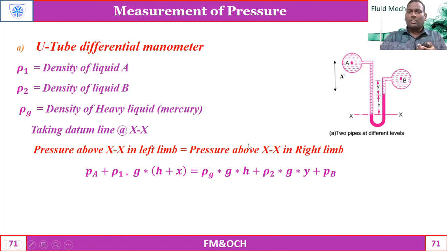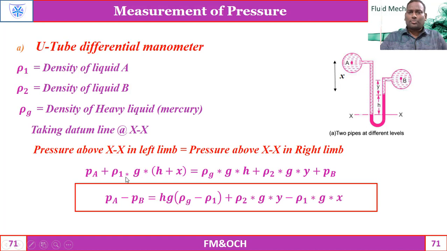Let ρg be the density of this heavy liquid, maybe mercury. It is ρg into g into h plus ρ2, the density of the liquid in pipe B, into g into y plus PB. With a small mathematical simplification, PA minus PB gives h into g into (ρg minus ρ1) plus ρ2 into g into y minus ρ1 into g into x.